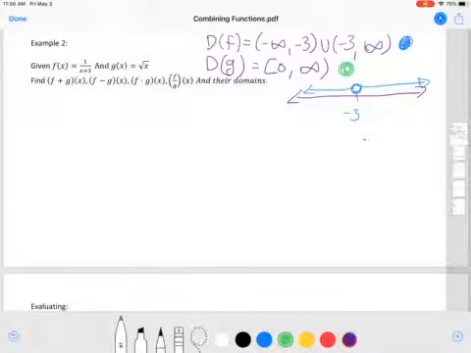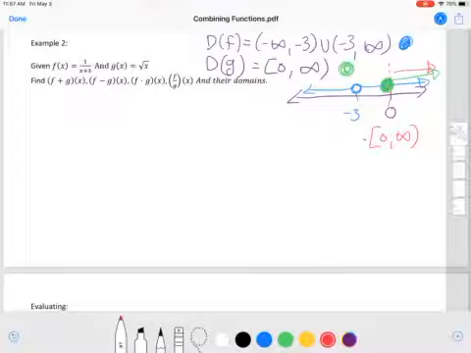The domain of g in green is anything bigger than or equal to 0. So if this is 0 on my number line, whoops, we were going to do that in green. Hold on. Here's including 0 or bigger than 0. So where they overlap would actually be from 0 to infinity. Right? This is where they overlap, from here and over.